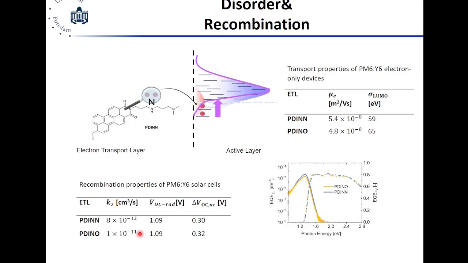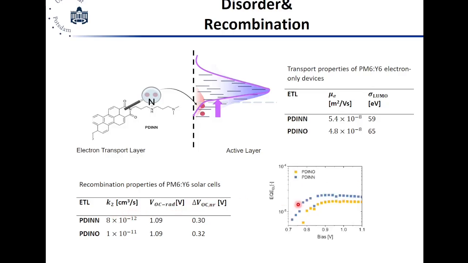By looking at the external photovoltaic quantum efficiency, we calculated the same radiative limits for both PM6Y6 solar cells, so the radiative limit does not change. But looking at the electroluminescence spectra, we can see that the PM6Y6 with PDNN is a little bit more emissive.